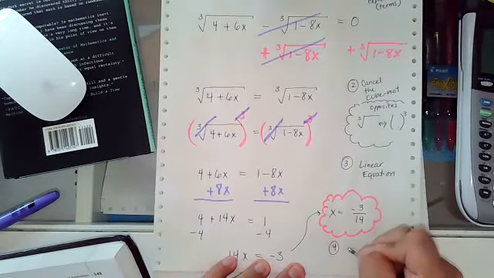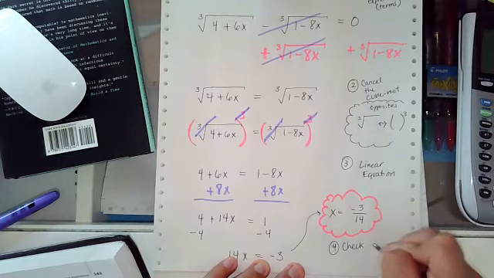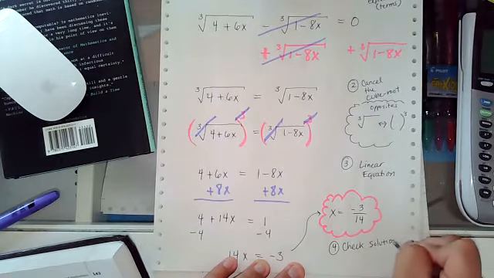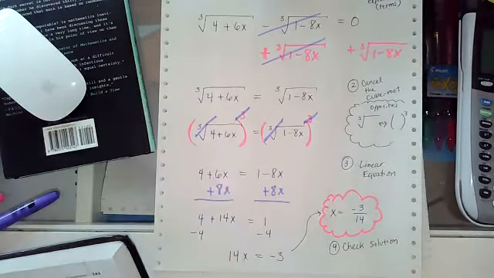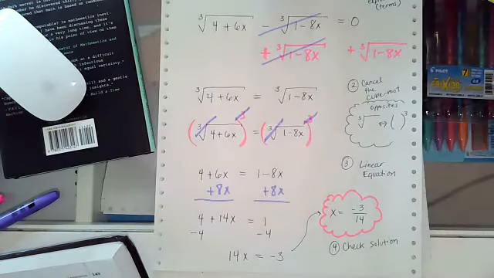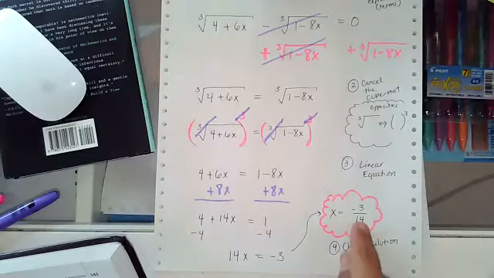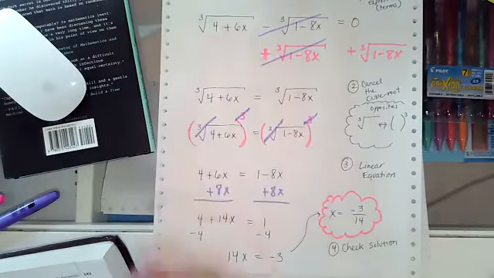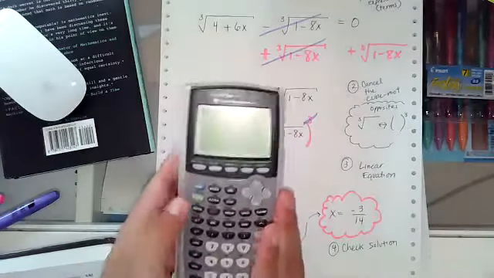Remember, the fourth step is to always check your solution. Just be careful when you check this in the calculator. If you do use the calculator to check it, it's a fraction, so I recommend the calculator. But these are cube roots, so we have to be very careful.